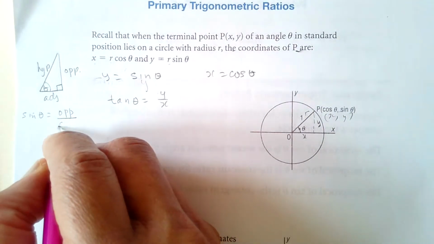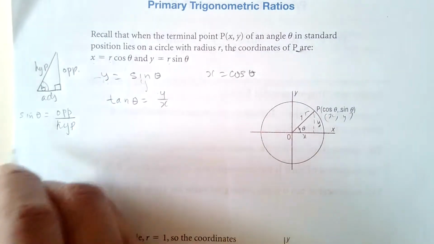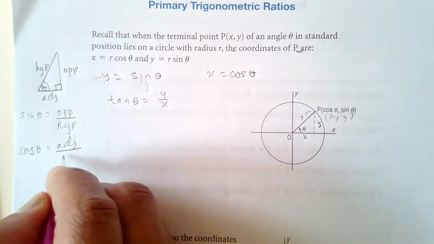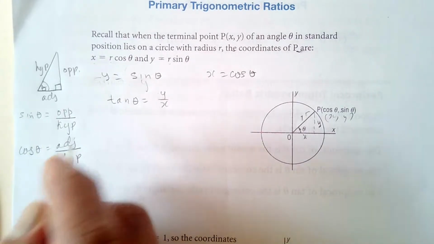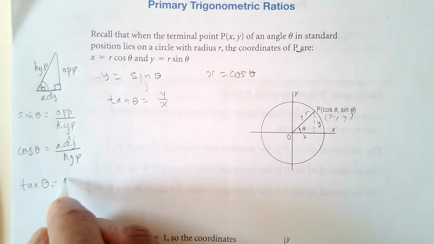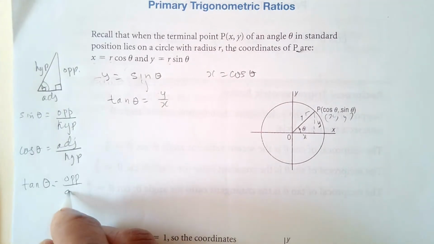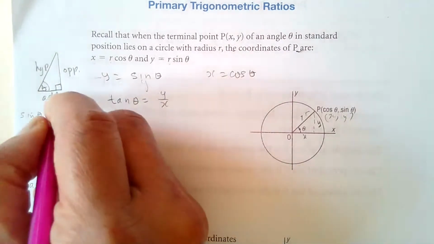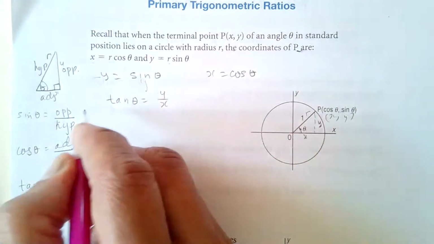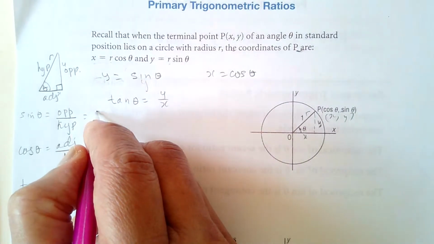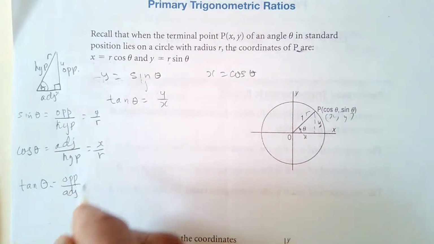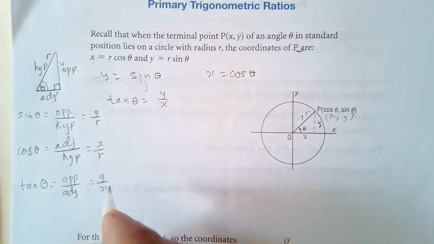Sine is opposite over hypotenuse. Cosine theta is adjacent over hypotenuse, and tan theta is opposite over adjacent. So if this is x, this is y, this is r, we can say y over r, x over r, and y over x.